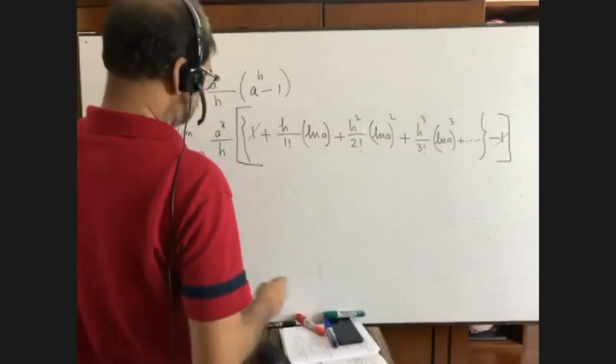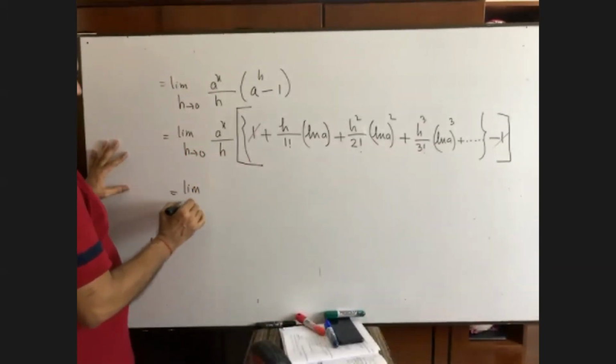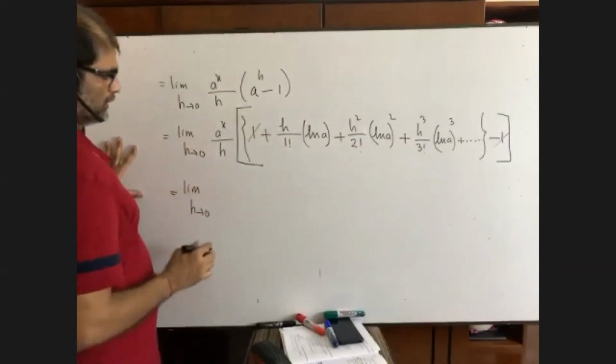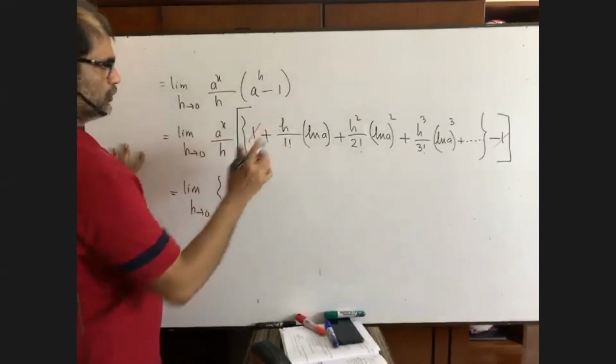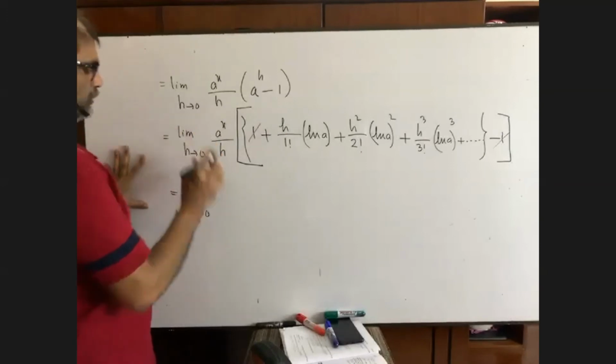Now, if we divide, you see limit h tends to 0, divide by h. So it is only 1, so ln a. There is a to the power x.